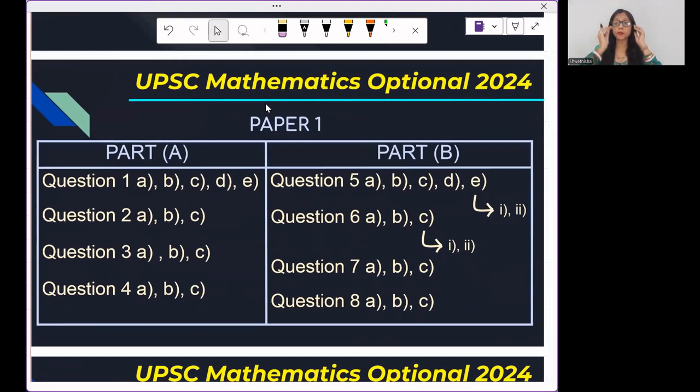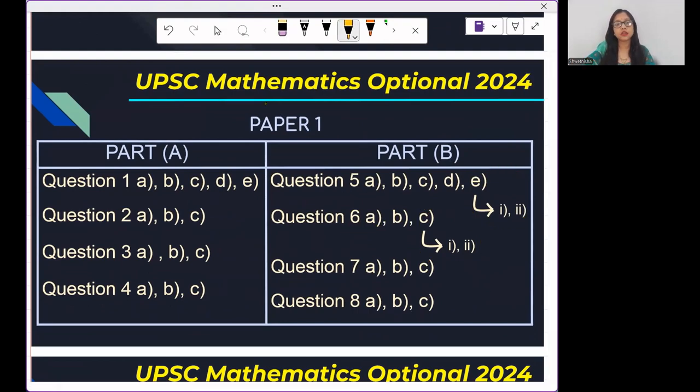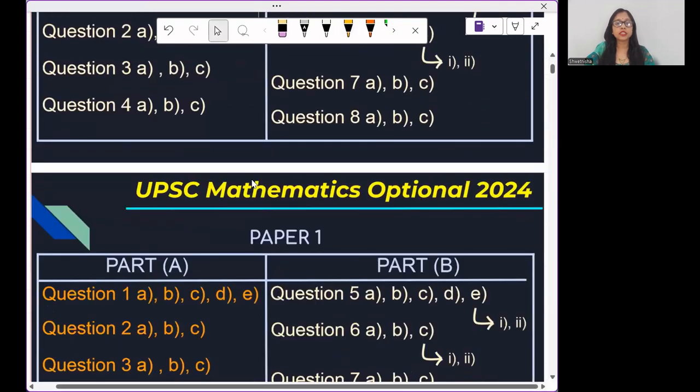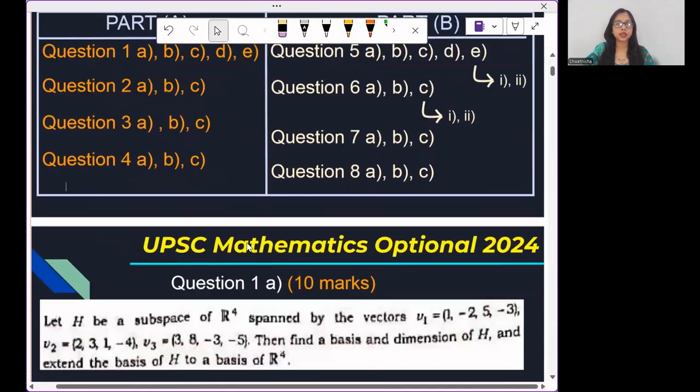You have 4 questions in part A, 4 questions in part B. We had 2 sub-parts of the 5th and 6th question in the paper. And first question from here and 5th question from here are the compulsory questions, okay? So we will be discussing these highlighted questions. That means all the questions from part A. All right, let's get started.